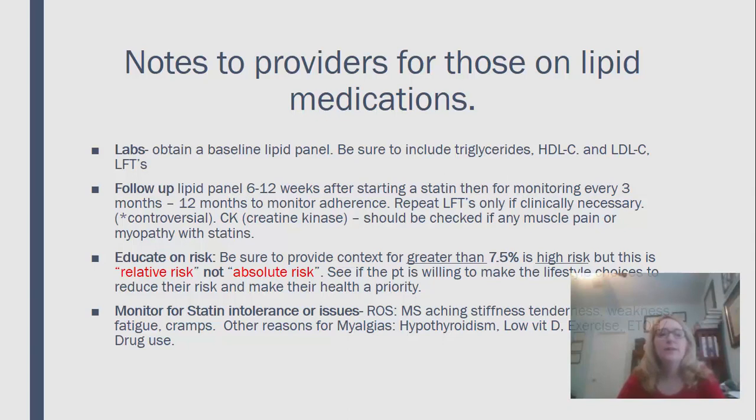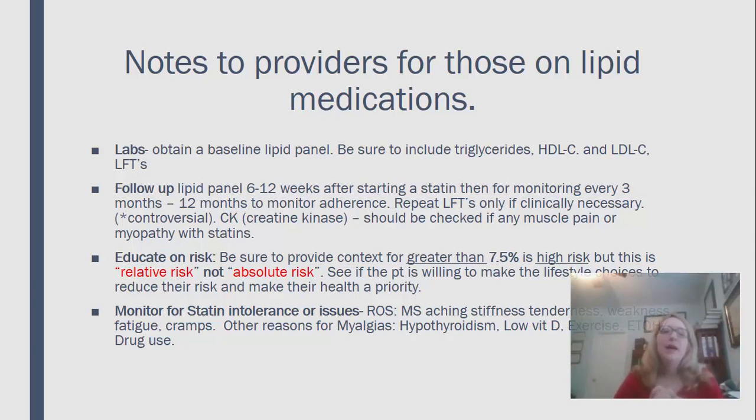Educate on risk. Now, be sure to make sure you have put this in context. Greater than 7.5 is high risk, but this is relative risk, not absolute risk. See if the patient is willing to make lifestyle choices to reduce their risk and to make their health a priority. And I say this to you because I've been guilty of this probably in the past too.